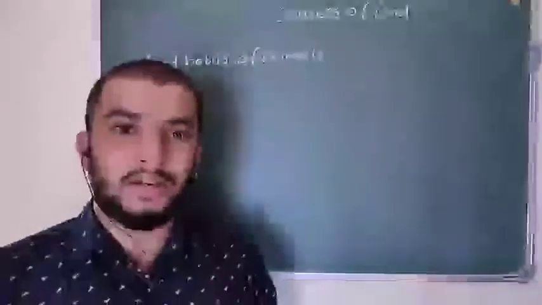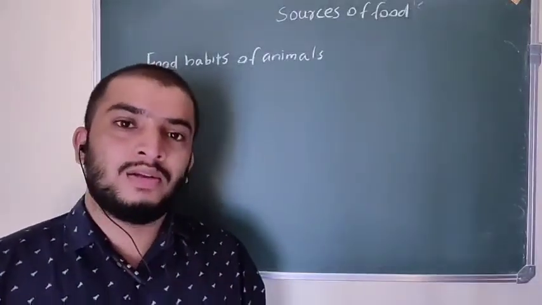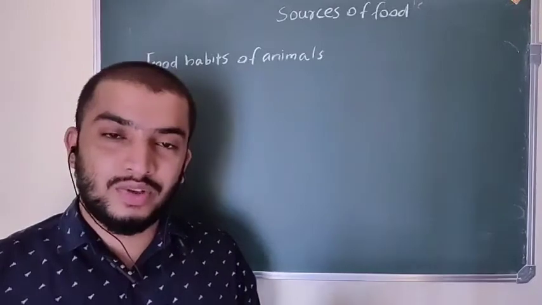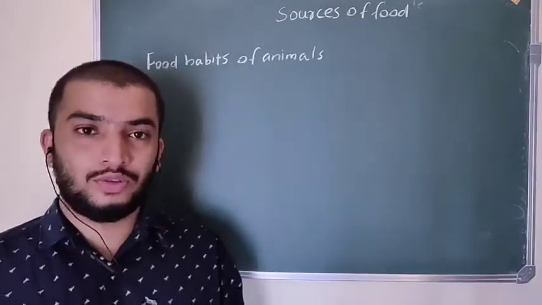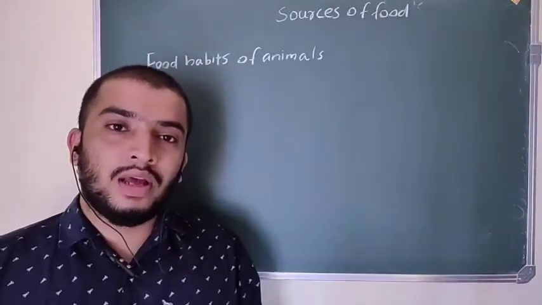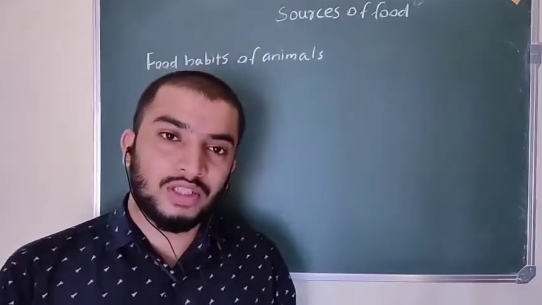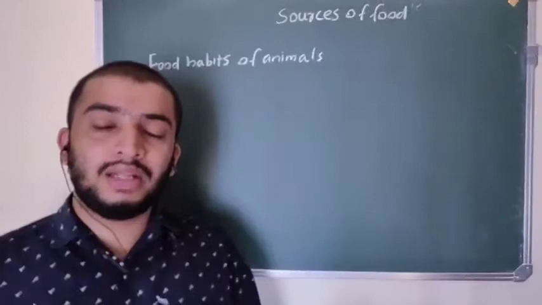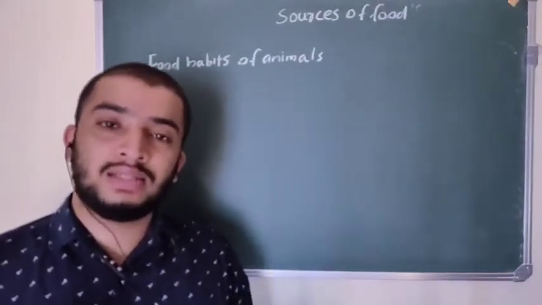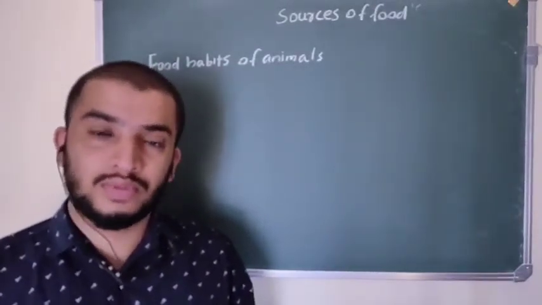Dear students, welcome to 6th standard science class. Last class we studied about sources of food, and we studied that plants perform photosynthesis and prepare their own food. So plants are called autotrophs.